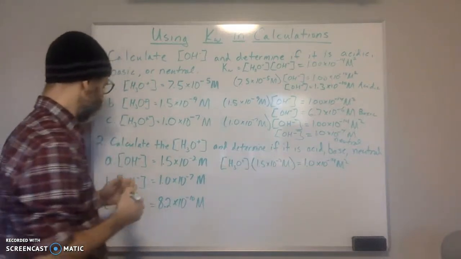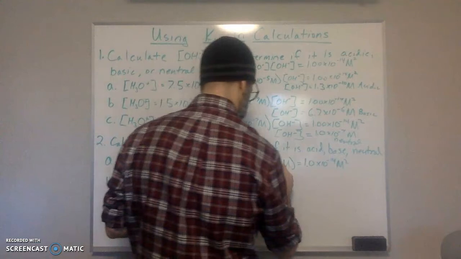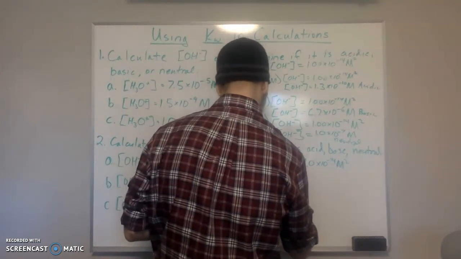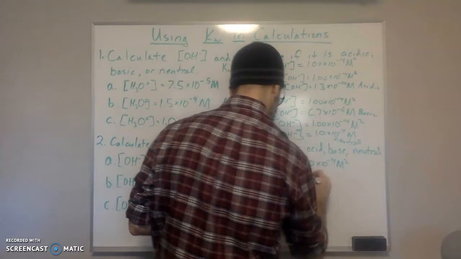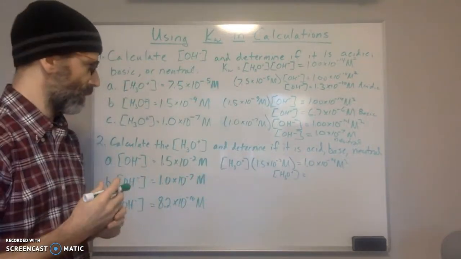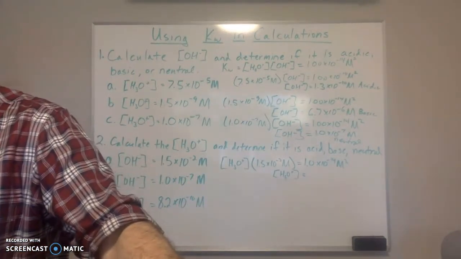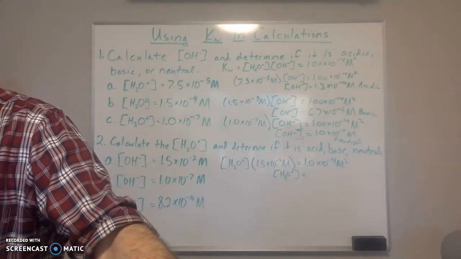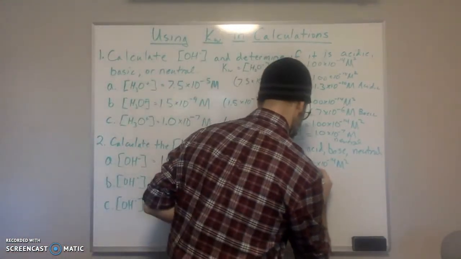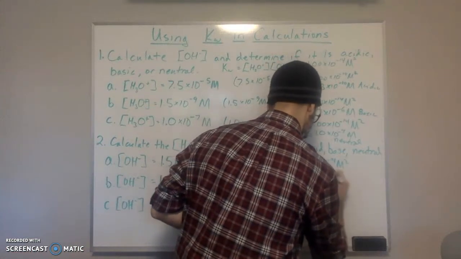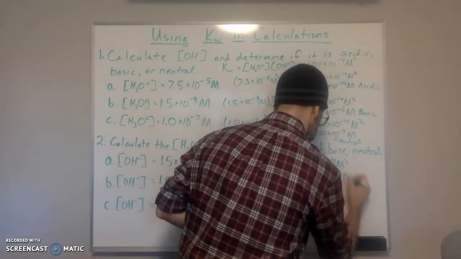And so we just solve again. So here, now we're solving for the H3O+ concentration. And if we do that on the calculator, we get 6.7 times 10 to the negative 13 molar.